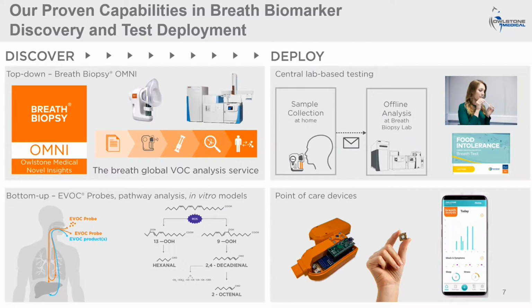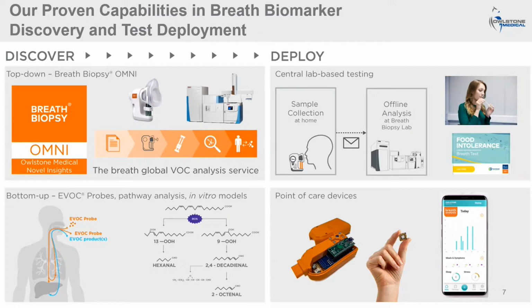On the discovery side, we're taking principally top-down approaches where we can profile a large number of molecules very consistently, see how they relate or correlate with a particular phenotype or disease state, and thereby allow us to identify a potential biomarker.